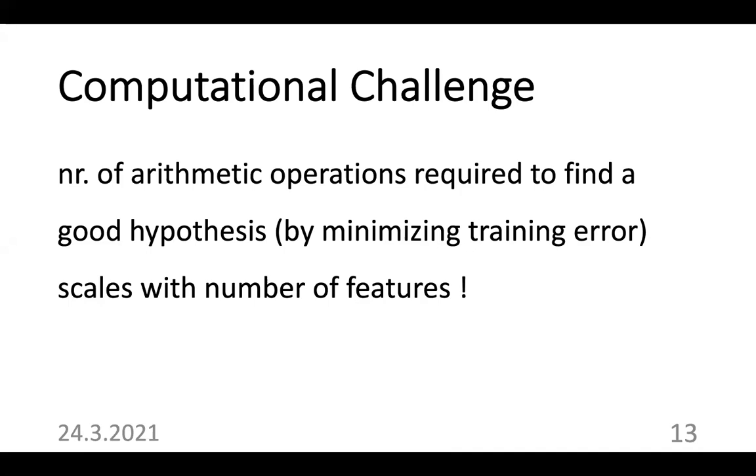Sometimes you might need to invert a matrix of this size, and inverting a matrix of size 1 billion is far from trivial. Then you might need some supercomputer, but you cannot implement such machine learning methods on your own laptop, for example. So there's also a computational challenge coming with using too many raw features.